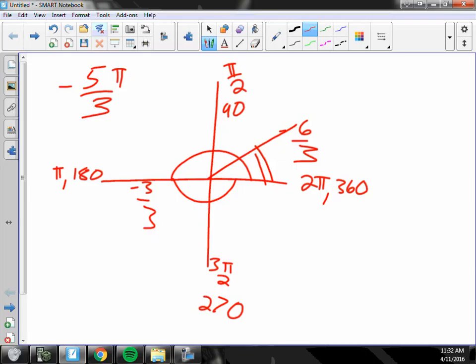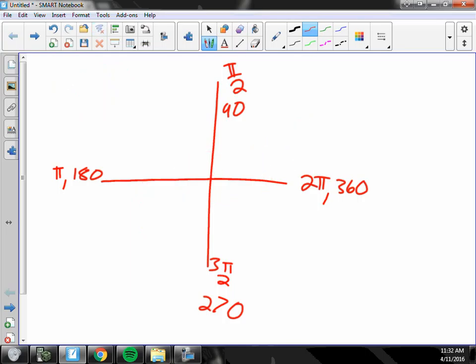Well, the nice thing about the worksheet is they've given you the angles and where they land. All you have to do is find the reference angle. So let's do one more. 23 pi over 18. 36. So the top half would be 18 over 18.